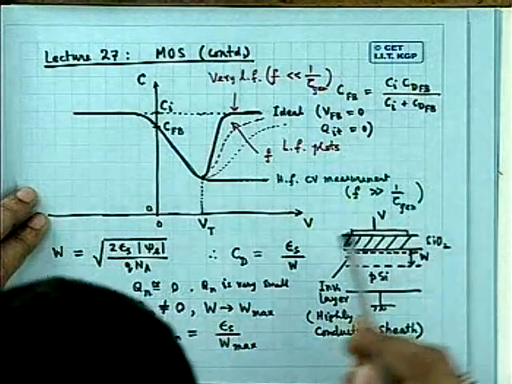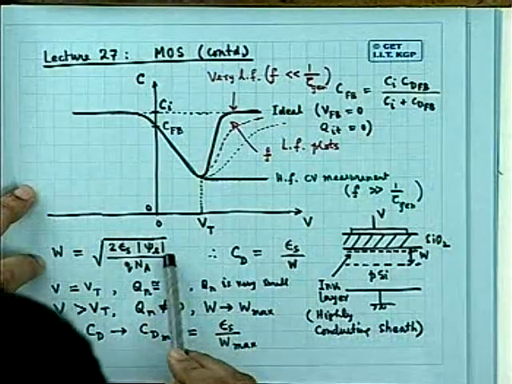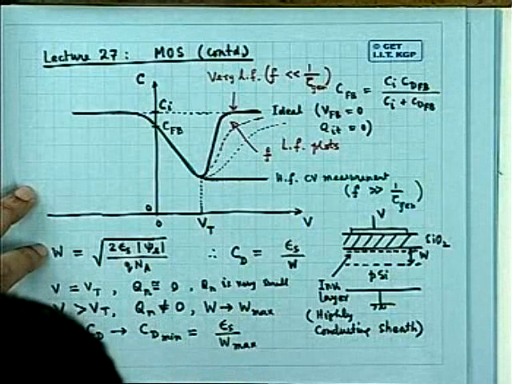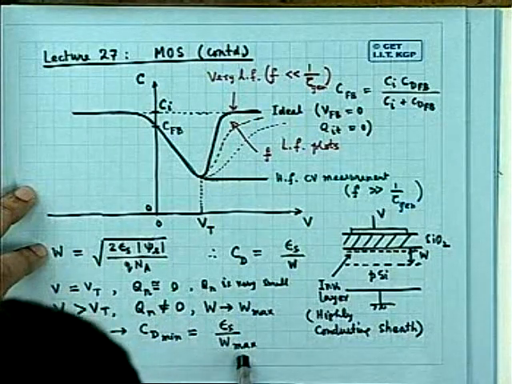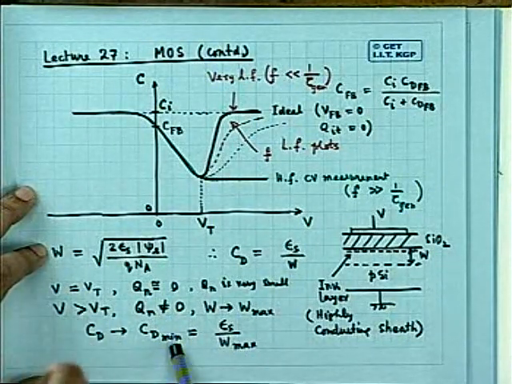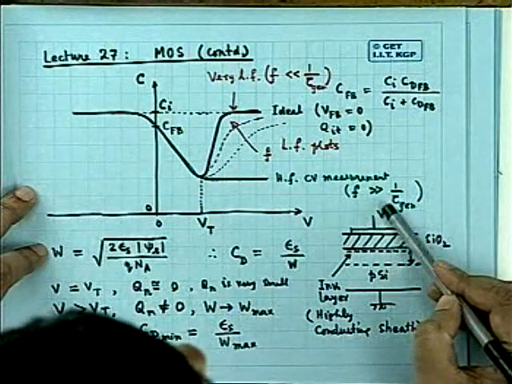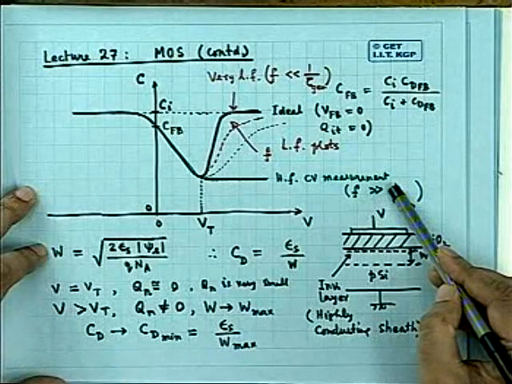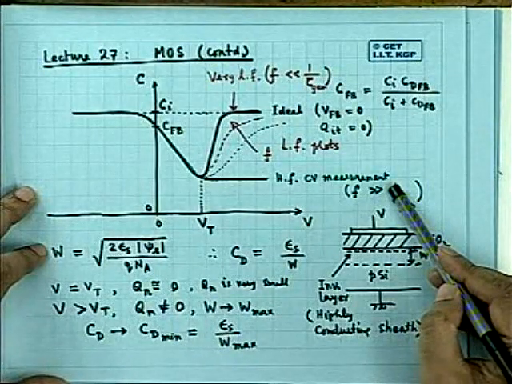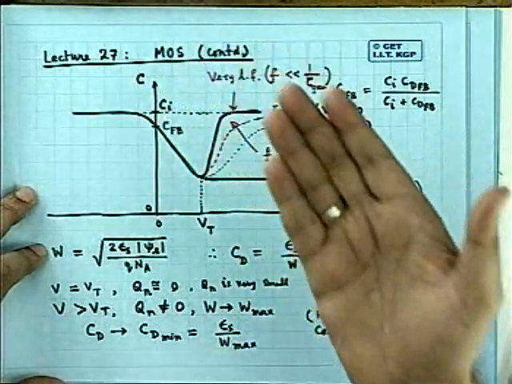No. So in that case, this W expression, can it be limited by some twice phi f? We have seen that W becomes W max. As a result, CD becomes CD min. Is it valid now? If we apply a voltage which changes rapidly, then what will happen? The depletion layer width will increase further. It is called deep depletion. This is what is known as deep depletion. Okay?